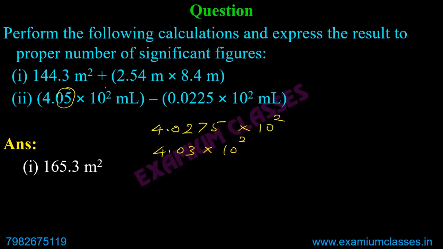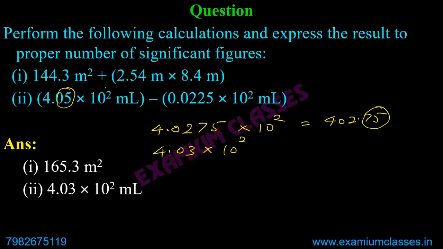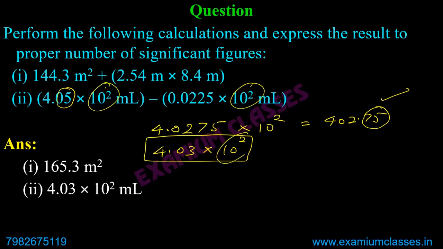You can consider this one as 402.75 also. If you consider it as 402.75, it has two decimal places. In that case, that can be considered correct, but this is the answer because it is in exponent form. You need to keep it in exponent form.